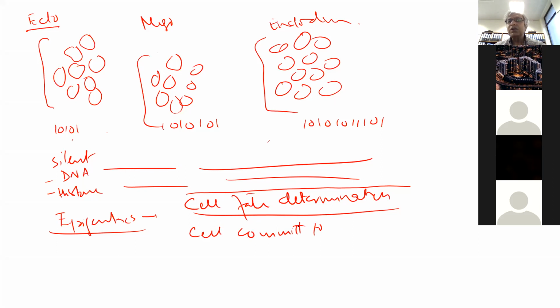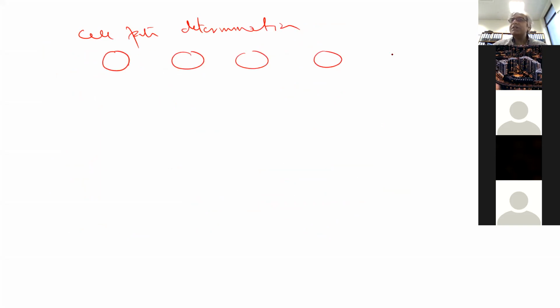to different fates. Once cell fate determination takes place, each cell keeps dividing mitotically. These arrows indicate successive mitoses.